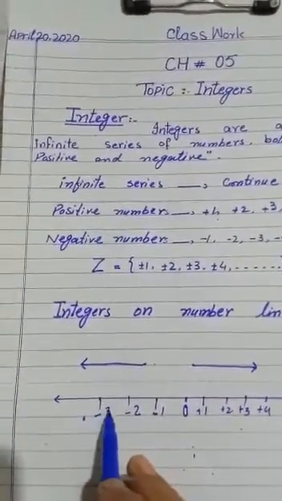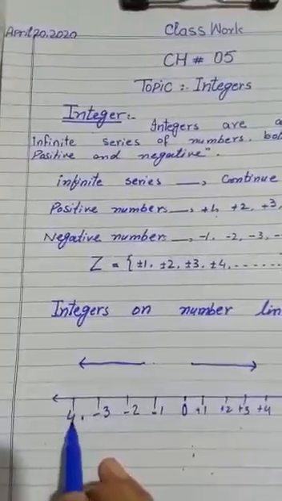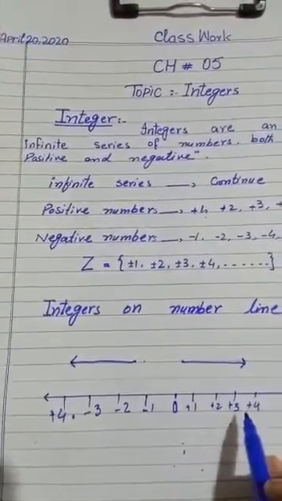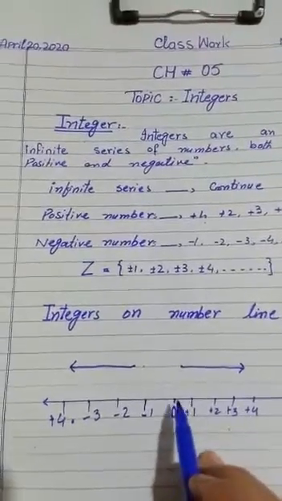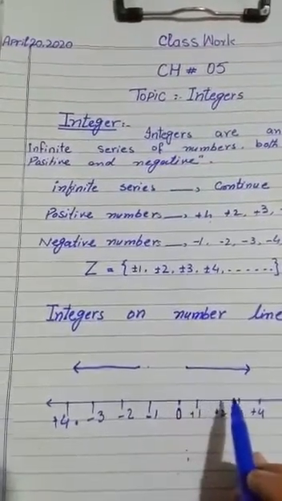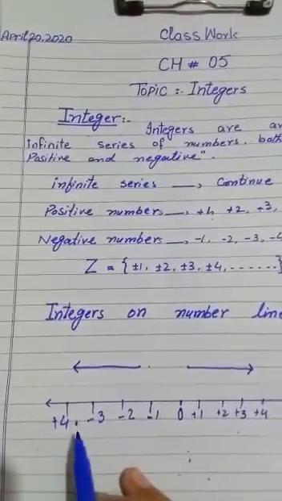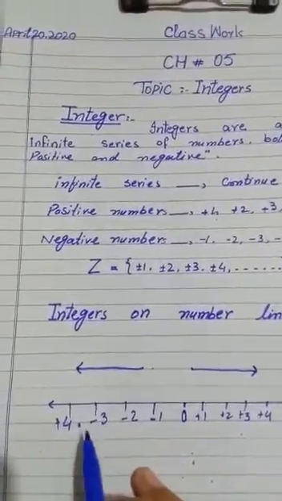It means on the right side of 0 the values increase, and on the left side the values decrease.